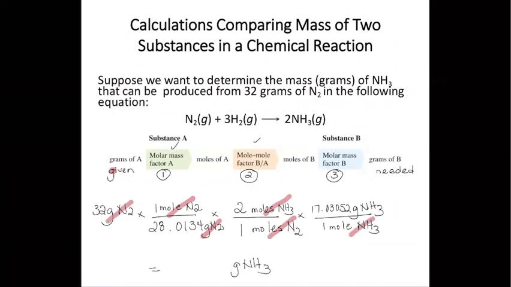So I'm going to take 32 times 1 times 2 times 17.03052. And then I'm going to divide the whole thing by 28.0134 times 1, which is just the first value. And I need to round to 2 sig figs because that's where we started.